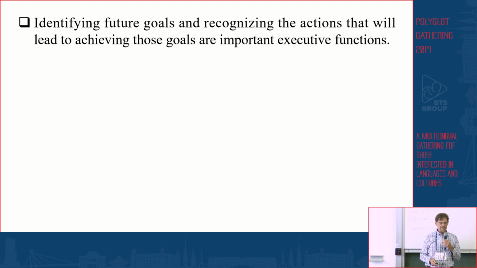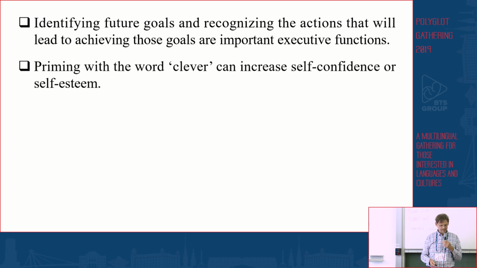So identifying future goals and recognizing the actions that will lead to achieving these goals are important executive functions. And priming with the word clever can increase self-confidence or self-esteem. It's explaining why.